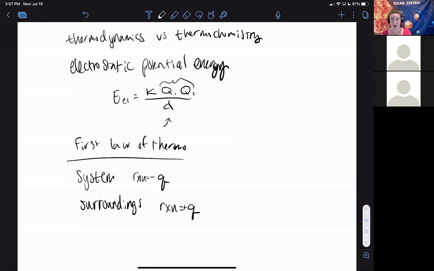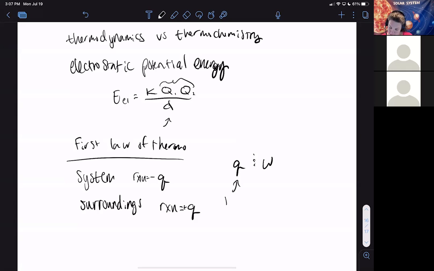Any heat or work released by or done by the system will be absorbed by the surroundings. So our surroundings and our system will have opposite signs for both work and heat.